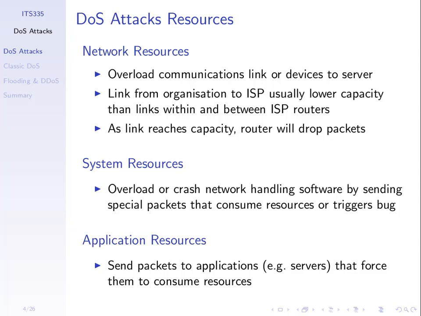Let's say that link coming from our ISP that we pay for into SIT is 100 megabits per second. That's the capacity of our link. But within the ISP's network, they probably have a much higher capacity because they need to support multiple users. So if you think of traffic coming into SIT, then the bottleneck link may often be that one coming into SIT, the 100 megabit per second link. So if that link gets overloaded, that is, it's sending all the traffic from an attacker, then the traffic of our normal users will not get sent through or be delayed significantly.